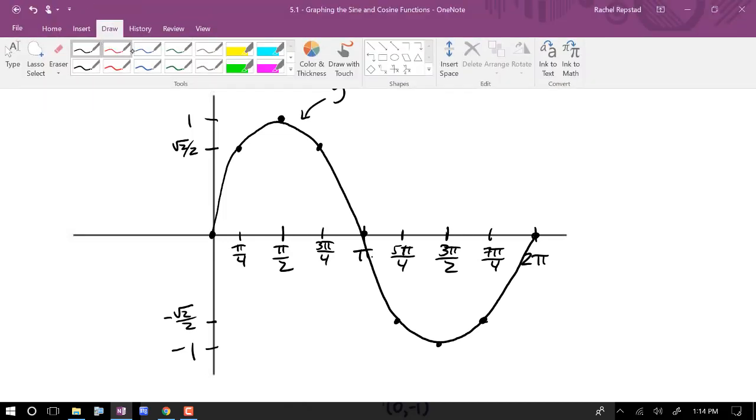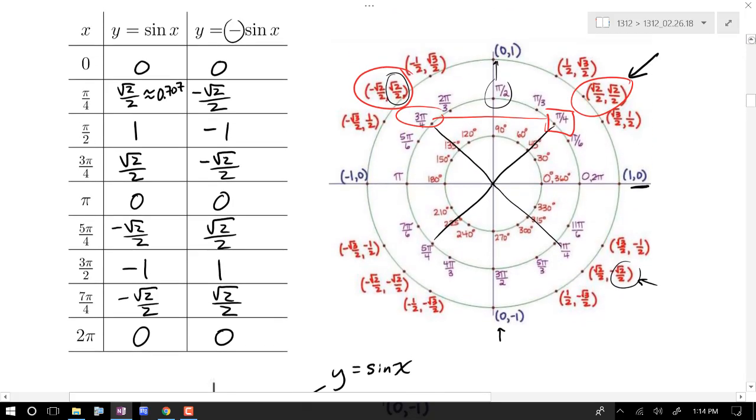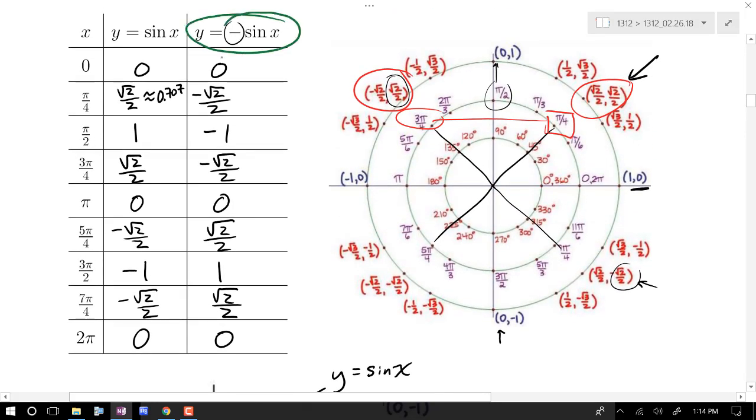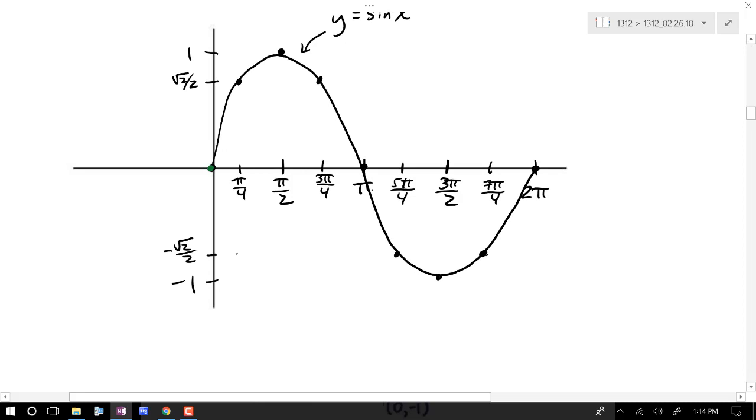Before we move on, we'll do one more here because we did figure out the coordinates for the minus sine x. So if we graph the minus sine x, just taking the values in this second column that we plotted, it would look like at pi over 4, negative root 2 over 2. Then at pi over 2 would be at negative 1.